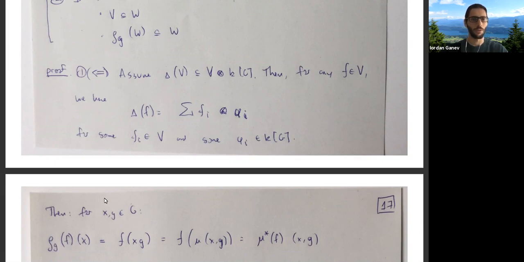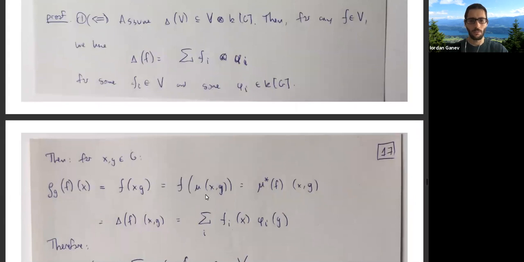Remember, we're trying to show that rho sub g of V is contained in V. So rho sub g of this F, which we assumed is in V, let's apply it to an element x in G and see what we get. By the definition of rho sub g, that's the definition we gave above, and now xg is just the multiplication of x and g, so we have this mu here.